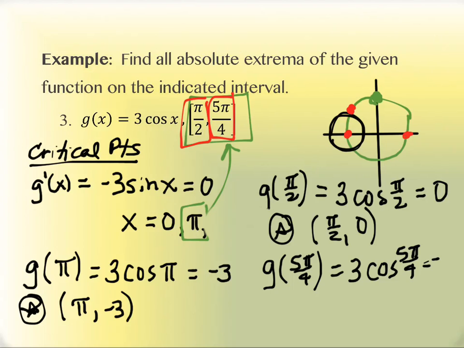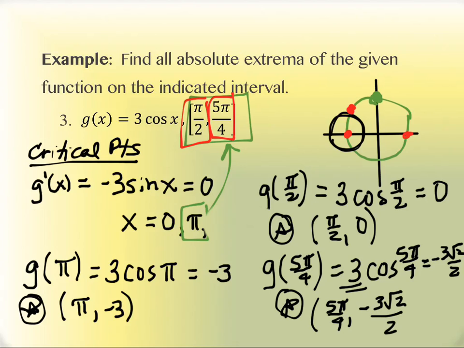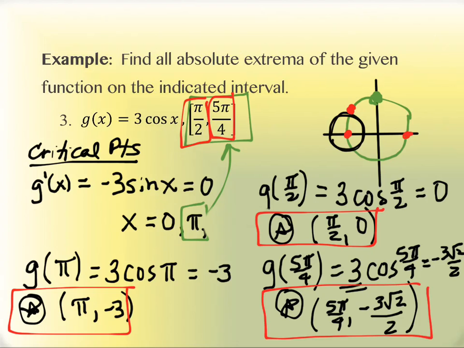So this is -3 square roots of 2 over 2. And the 3 is coming from right here. So this is my third ordered pair. It's 5 pi over 4, and then -3 square root of 2 over 2. So I have 3 candidates for the absolute extrema.